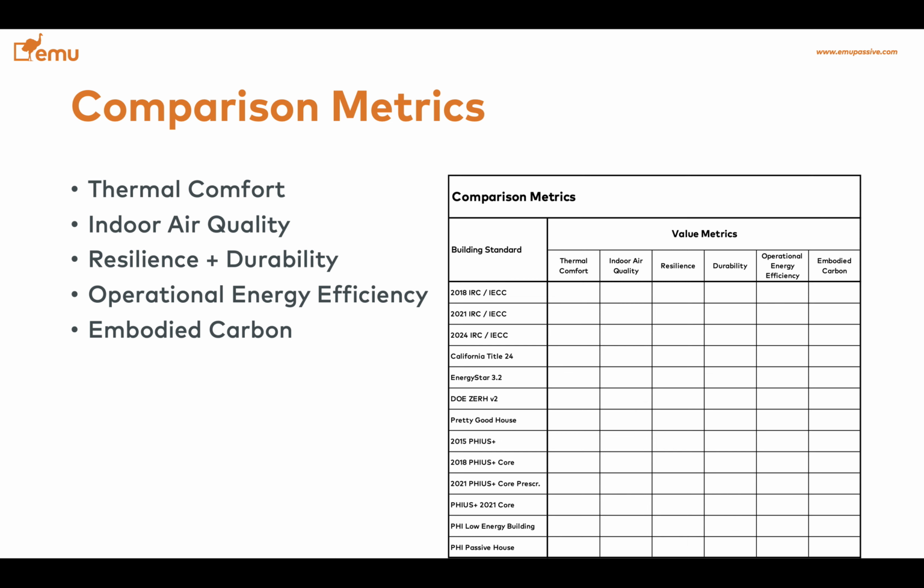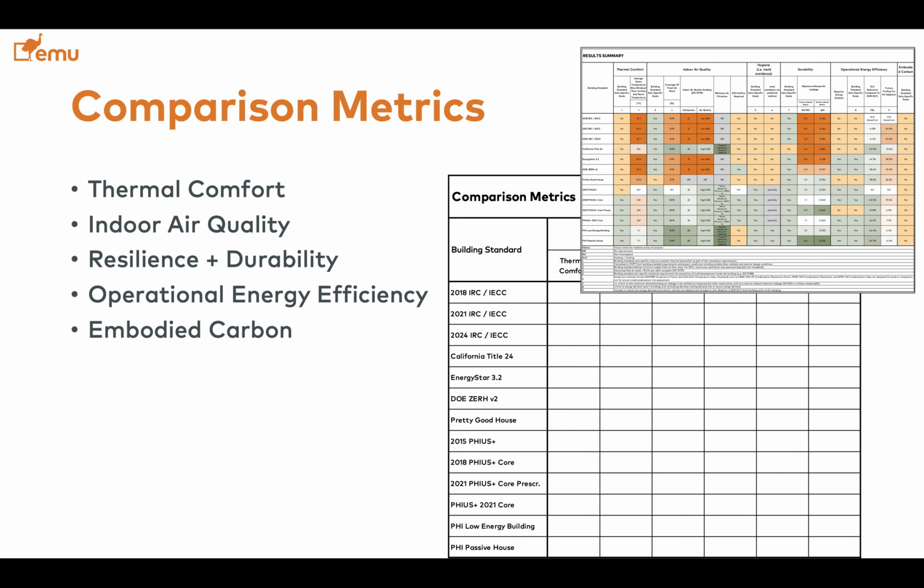And as you will see at the end of this series of videos, the summary table will look something like this. So very complex, because these are very different metrics, and it's hard to compare, for example, a 50% reduction of energy use intensity with better air filtration and higher thermal comfort.